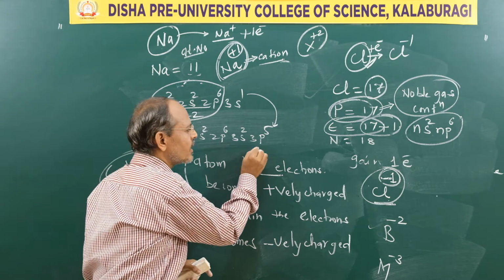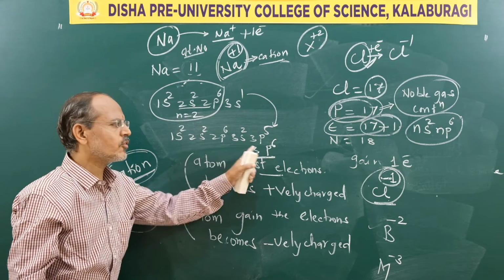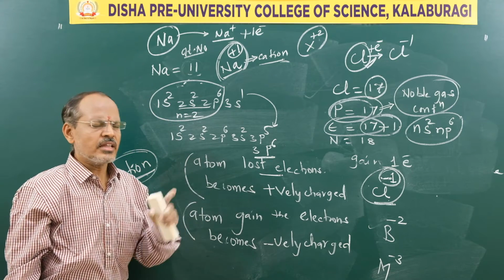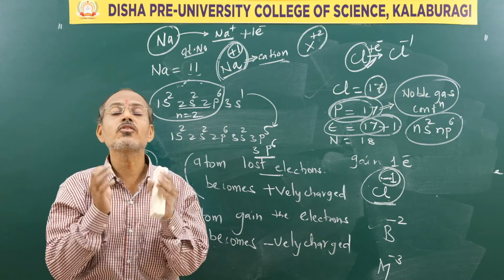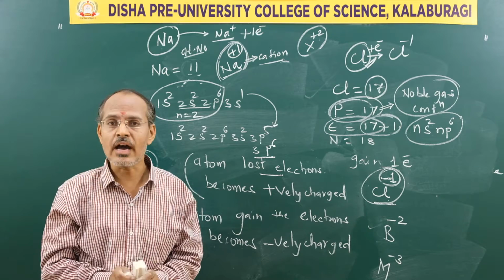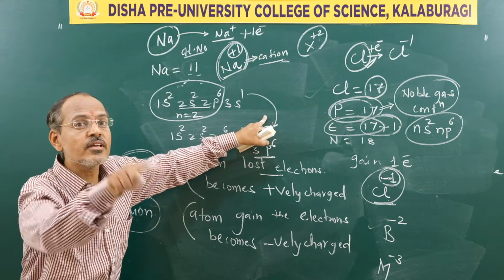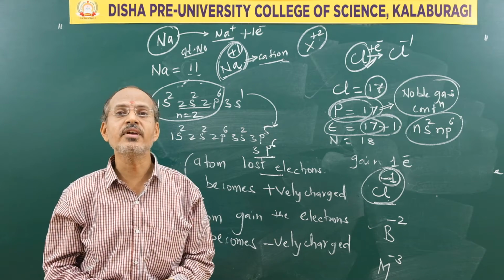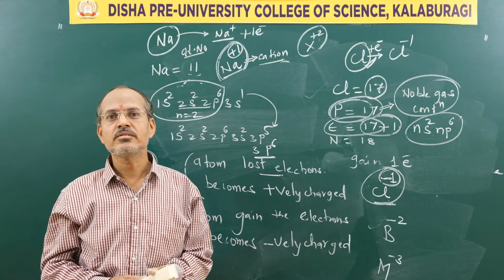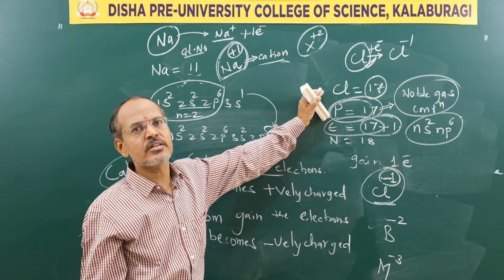After taking this one electron, chlorine becomes 3p6 and there also it becomes ns2 np6. That means every atom wants to have ns2 np6 configuration. Because of this reason, they start combining with other atoms, which leads to compound formation.